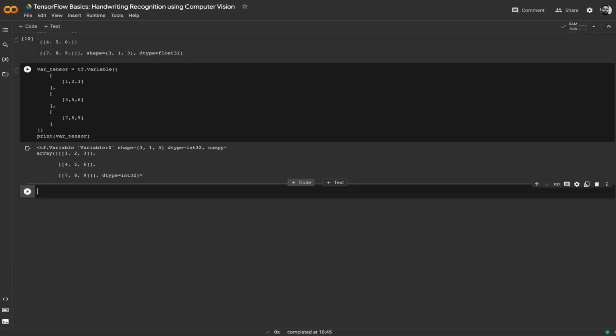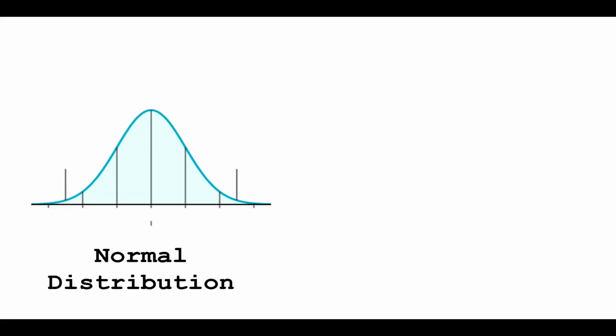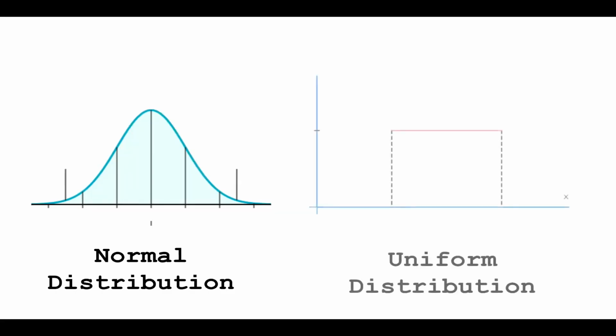In most cases, you won't be creating tensors from scratch. You will either load a dataset, convert other datasets like NumPy arrays to tensors, or generate tensors. Let's see how we can generate some tensors. We will first create a tensor with random values. There are two common ways you can do this. You can generate a normal distribution, or you can generate a uniform distribution of data. The normal distribution is a bell-shaped curve.